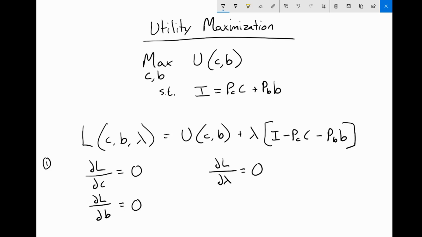And then we solve for C star, B star, and lambda star. So that's just an overview of how we approach this problem.